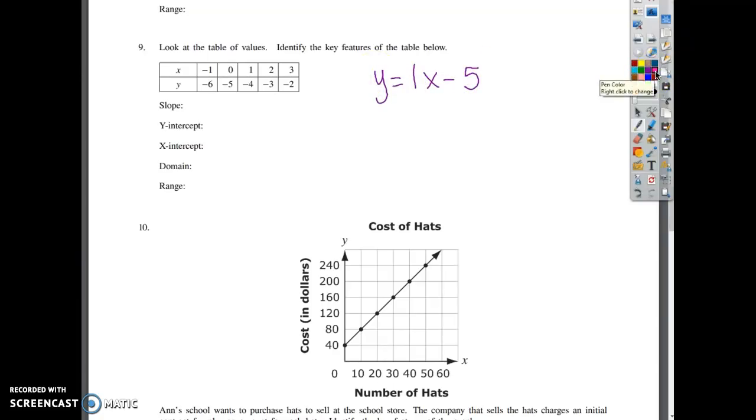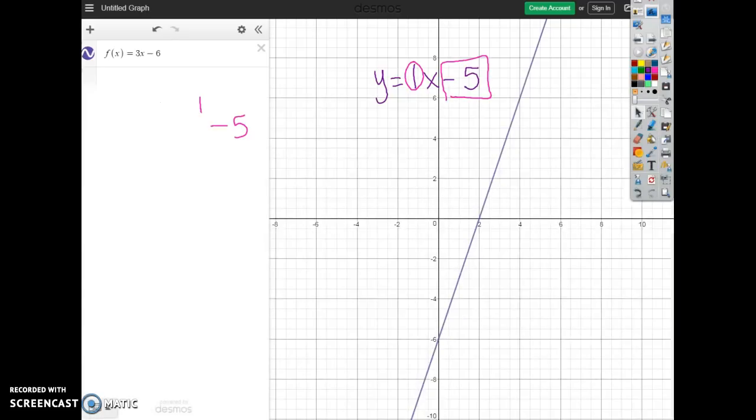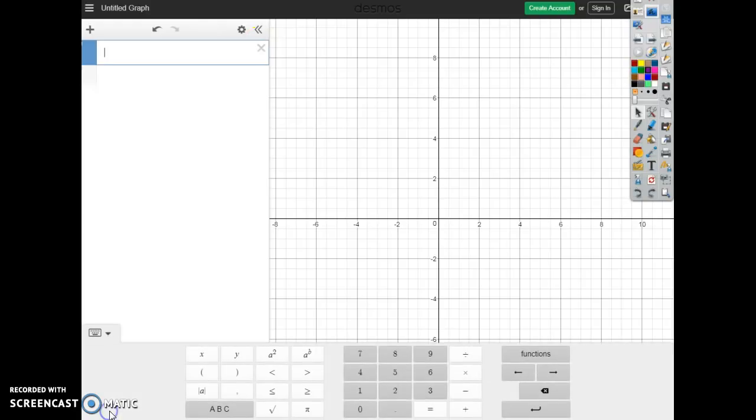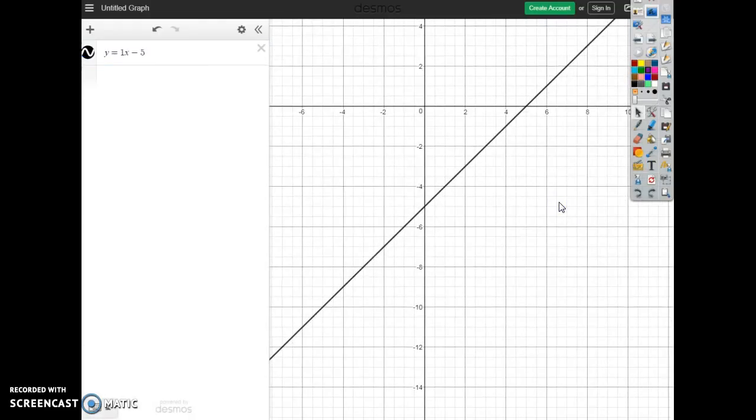What is the slope? 1. It's right there. What is the y-intercept? Negative 5. It's right there. But you can also look for it on the graph. We're going to type that equation in decimals just like we did right now. Y equals 1x minus 5. Y-intercept is right here at negative 5. We just wrote it.